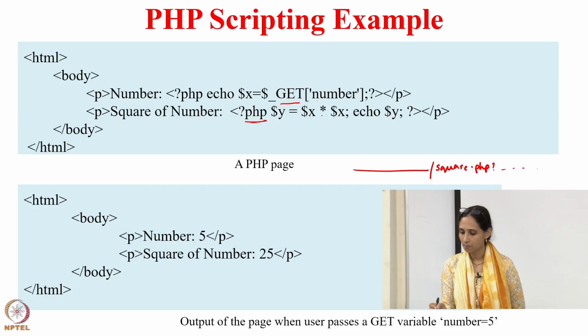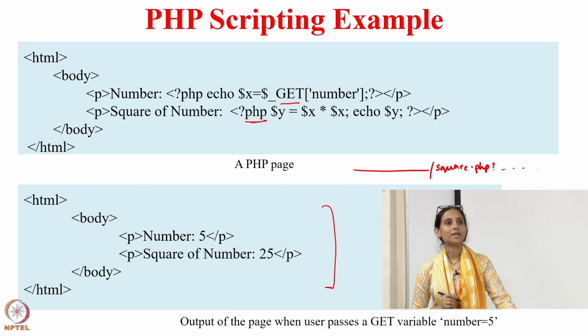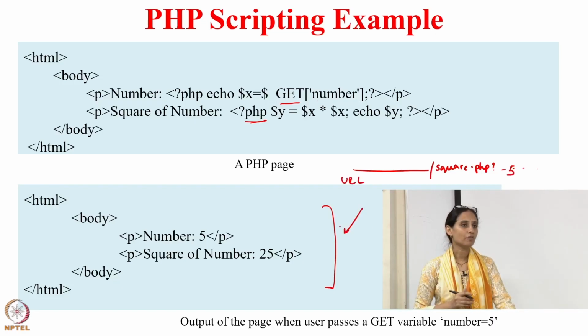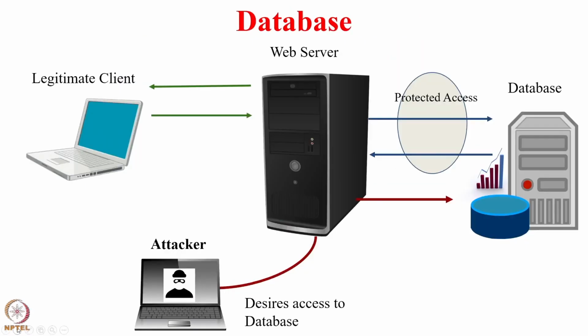This PHP is the scripting part of it, and the end result of executing the script is an HTML page, that is this. So basically what the script is doing is taking 5 as an input from the user, substituting it, doing the calculation, and then generating this HTML. And this HTML will be passed back. So any user that types this URL with square.php question mark, giving 5 as an input, will get back this HTML for the browser to show.